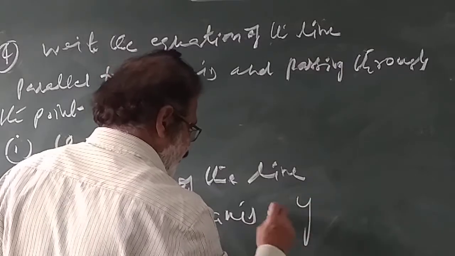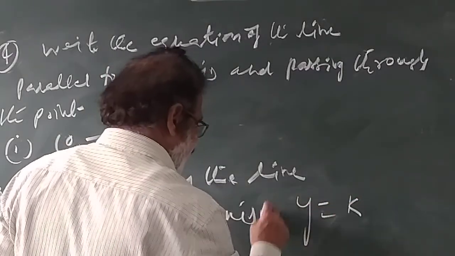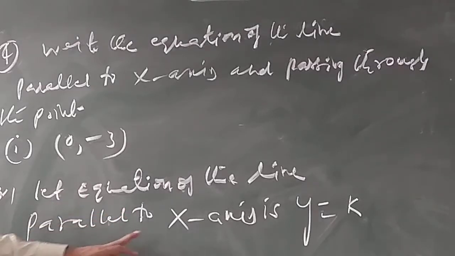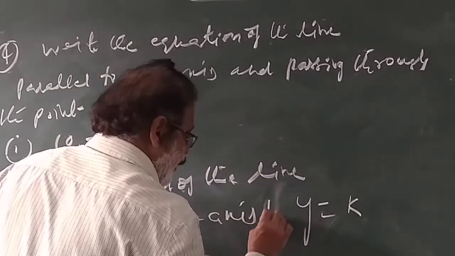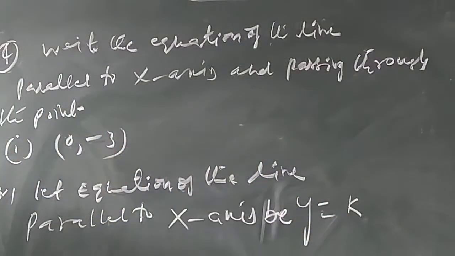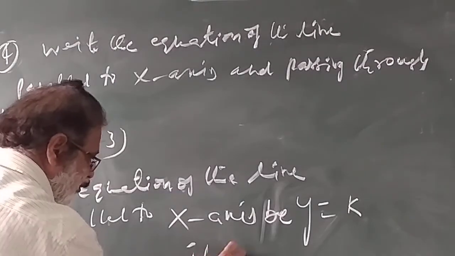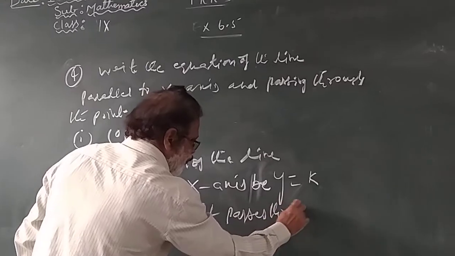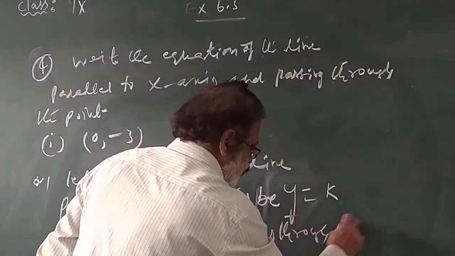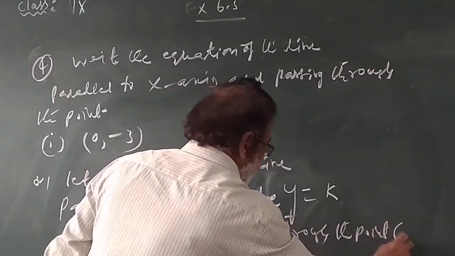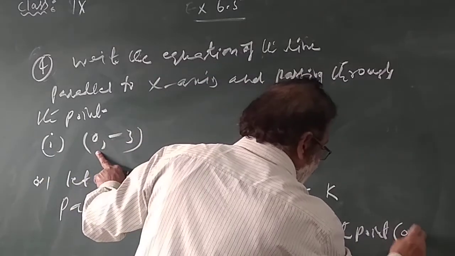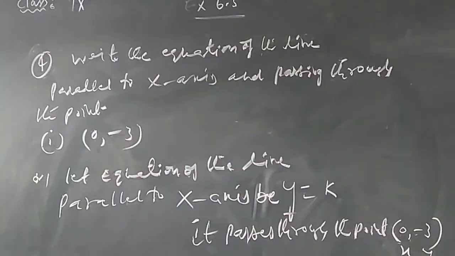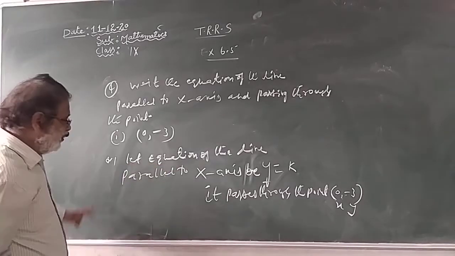So, let the equation of the line parallel to x axis be y is equal to k. What is the equation of the line parallel to x axis? Y is equal to k. It passes through the point, what is given here, 0 comma minus 3. This is x, this is y. Substitute this. Put x equal to 0 and y is equal.